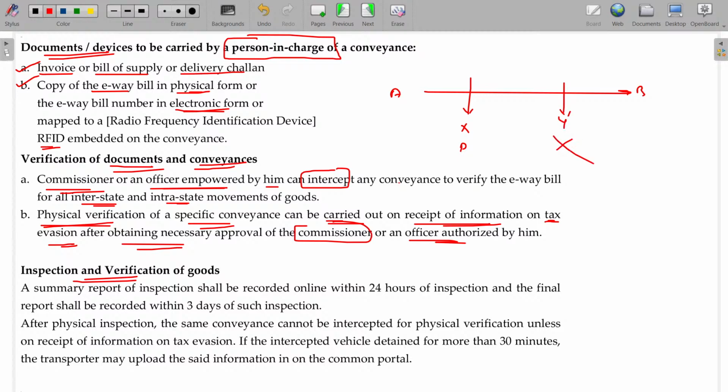No, sir. Once the inspection is completed, you cannot stop the same vehicle once again. If you want to stop, you still need to get more evidence that there is a malpractice happening. And that too, this person should upload what he investigates here in the common portal for his own inquiry.